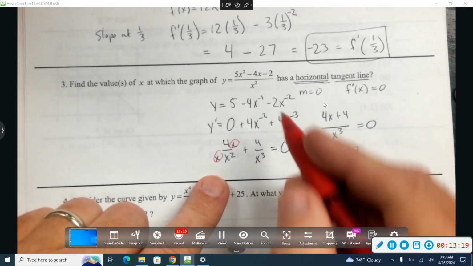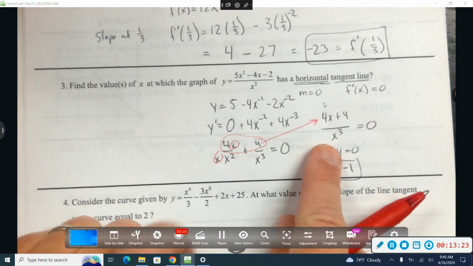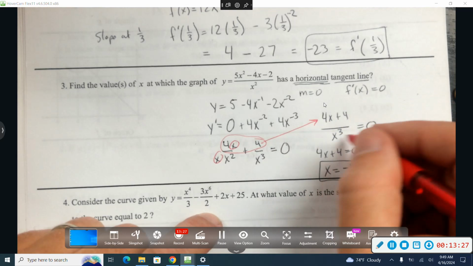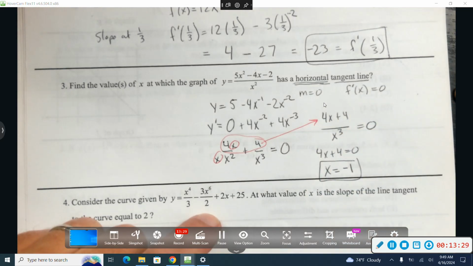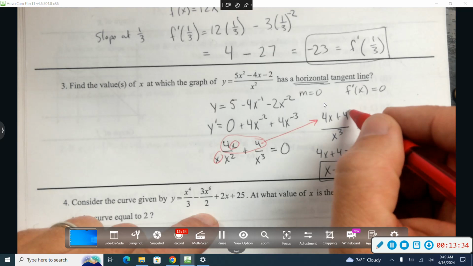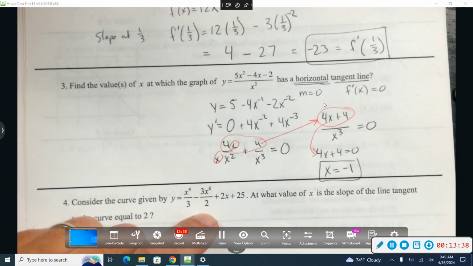And so there's my 4x plus 4 over my common denominator of x cubed. And then, well, you could phrase it this way. You could multiply both sides by x cubed, and that would go away. I just said the only way to make a fraction equal to 0 is if the top is equal to 0. So I just grabbed the top and set it equal to 0.